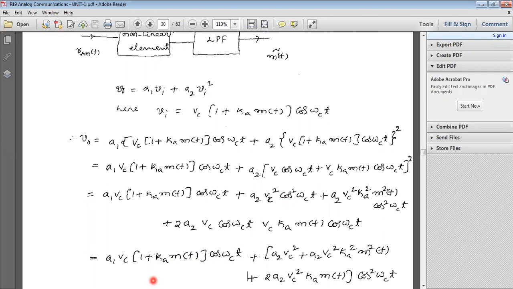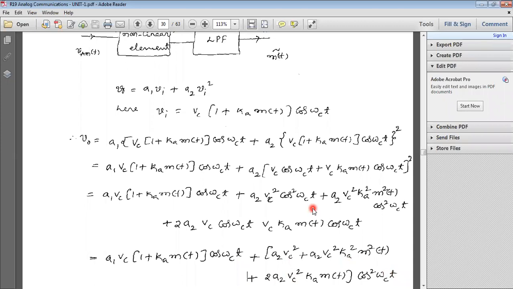What is our first term? A1 Vc into 1 plus Ka m of t into cos omega Ct. Right, the first term is as it is. Now take common cos square omega Ct from the last three terms.